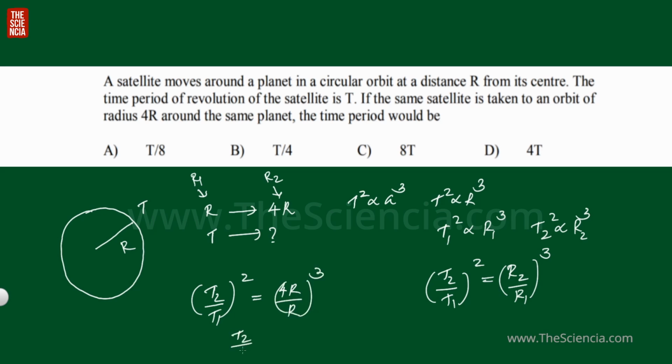So T2 by T1 all square is equal to 4 cube, that is T2 by T1 is equal to 4 raised to 3 by 2, that is equal to 8. So we get T2 is equal to 8T. That is option C, right?